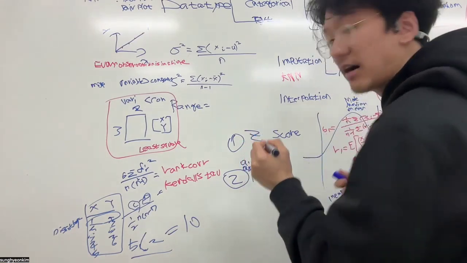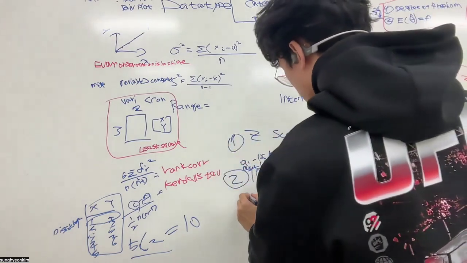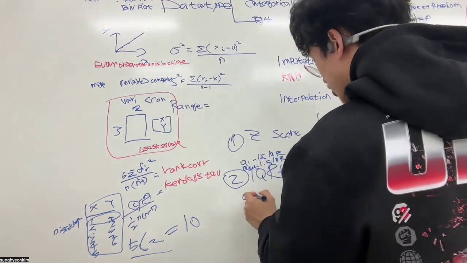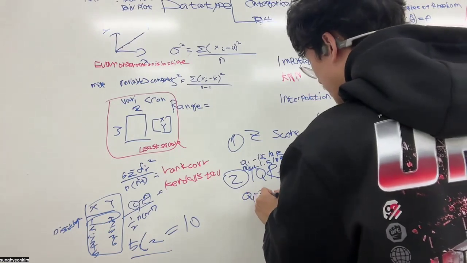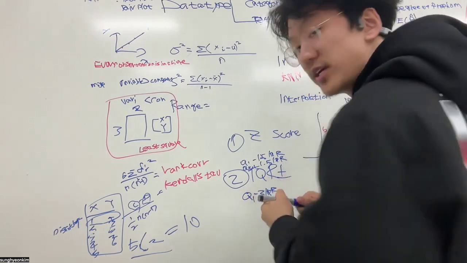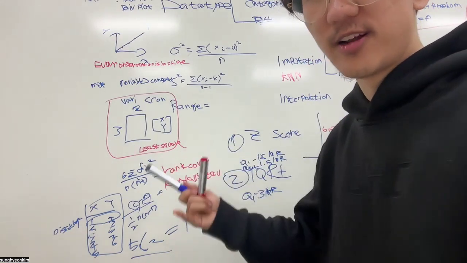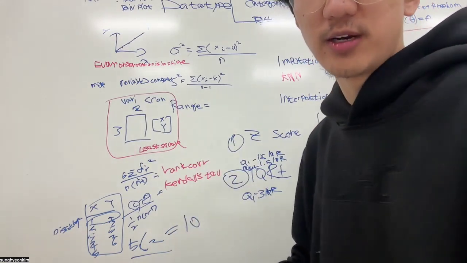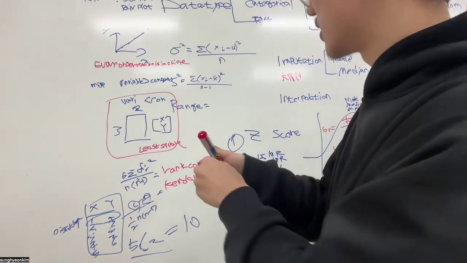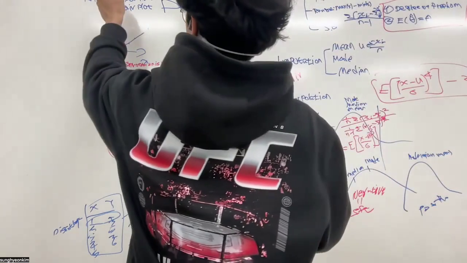Or there's the outer fence, which has a bigger range, Q1 minus 3 IQR or Q3 plus 3 IQR. If a value is outside of it, then we regard it as an outlier. These use the box plot method.